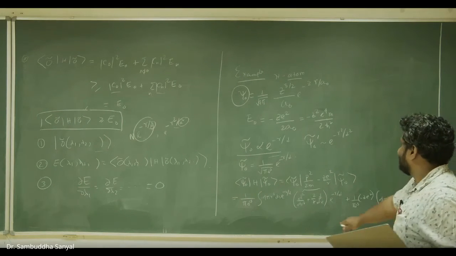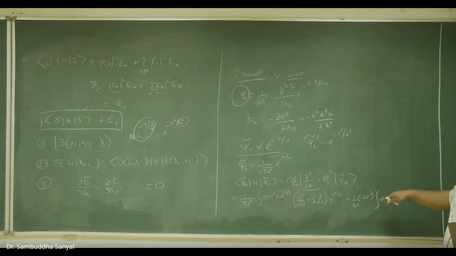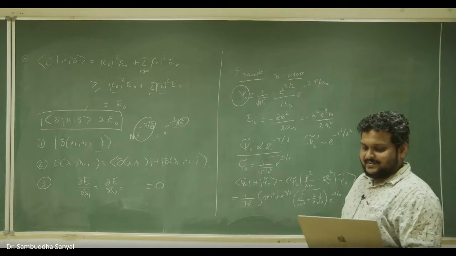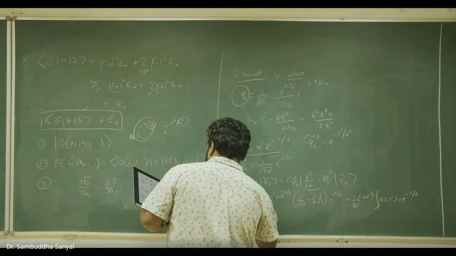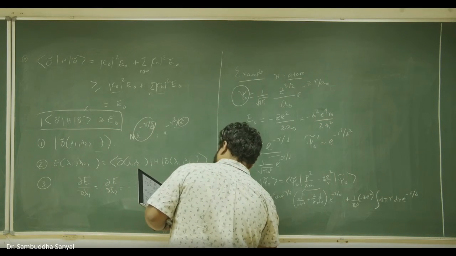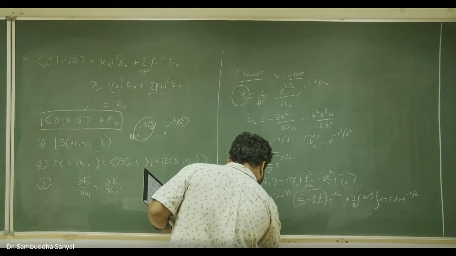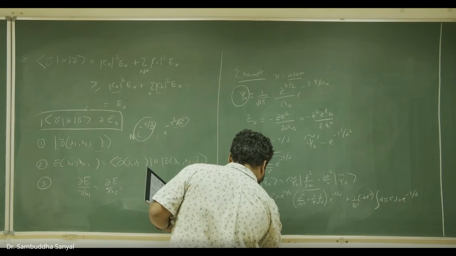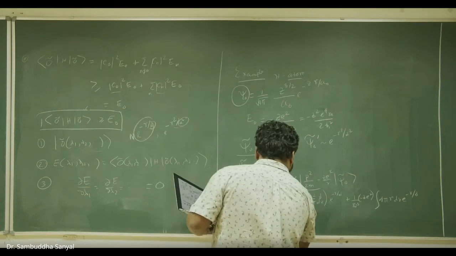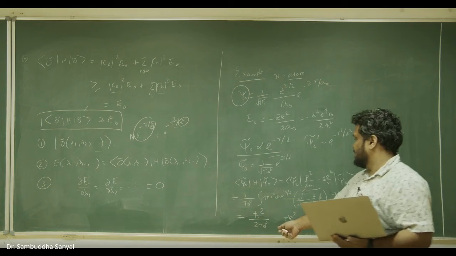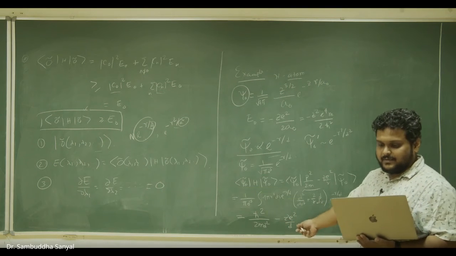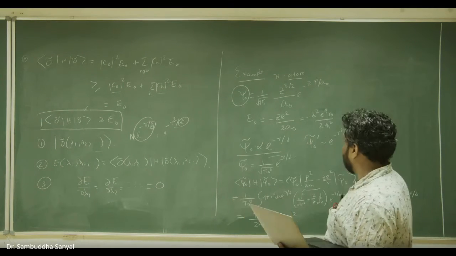So this is the full expression. Do some algebra. I am not doing all the steps. When the dust settles, you get this for the kinetic term and this for the potential term. One is ħ square by 2m d square, another is minus J d square by d.